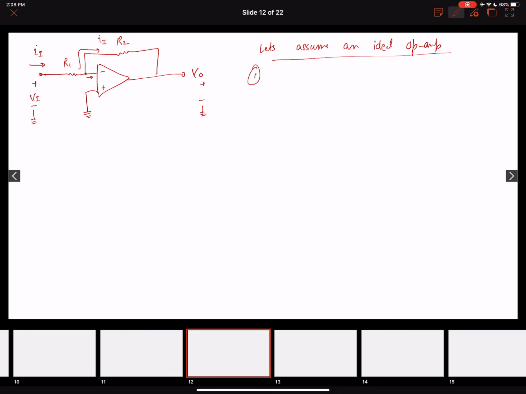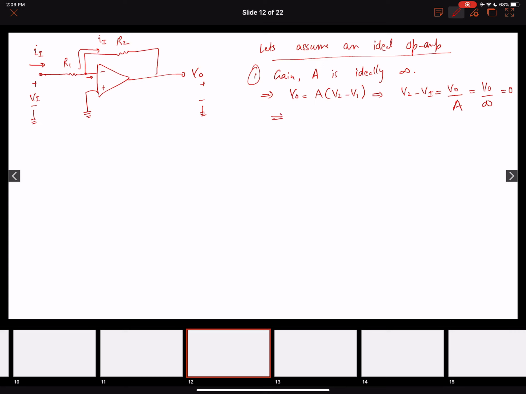Since we know that our differential gain A is ideally infinite, our V naught, which equals A times V2 minus V1, can be written as V2 minus V1 equals V naught over A. V naught over infinite should be equal to 0.